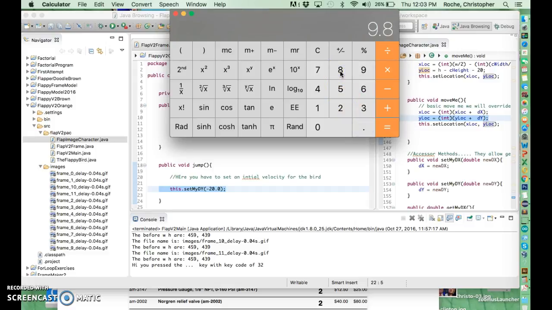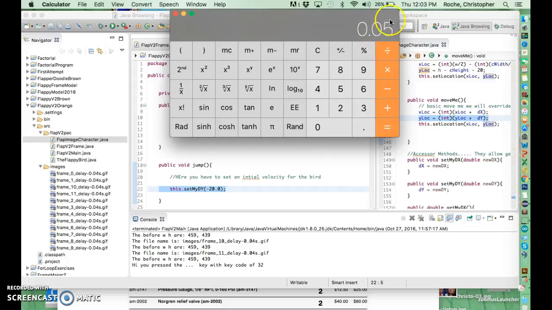So right now we're running this at 50. The second is like this divided by 1,000. We're running this in 50 milliseconds, so 50 divided by 1,000 is this.